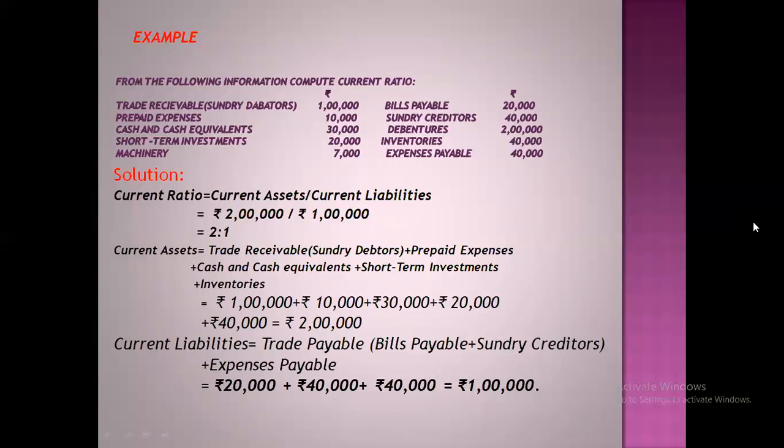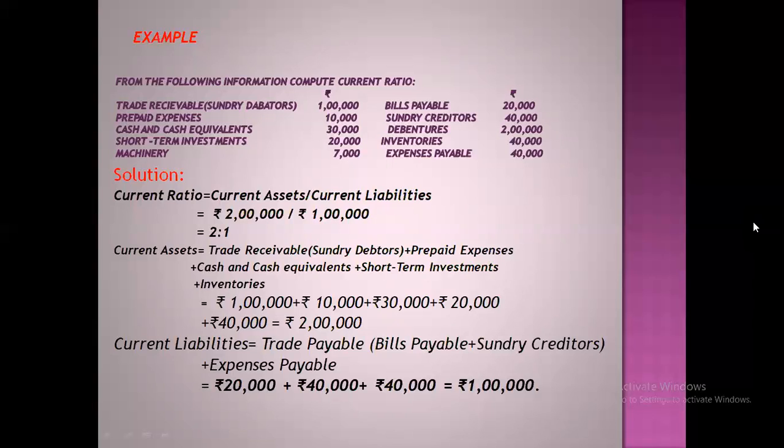Trade receivable is current asset, prepaid expense current asset, cash and cash equivalent current asset, short-term investment is current asset. Machinery is non-current asset. We will not take this for calculating the current ratio. Bills payable is current liability, creditor is current liability, and the debenture is non-current liability. This will also not be considered in this ratio. Inventory is current asset and expense payable is current liability.